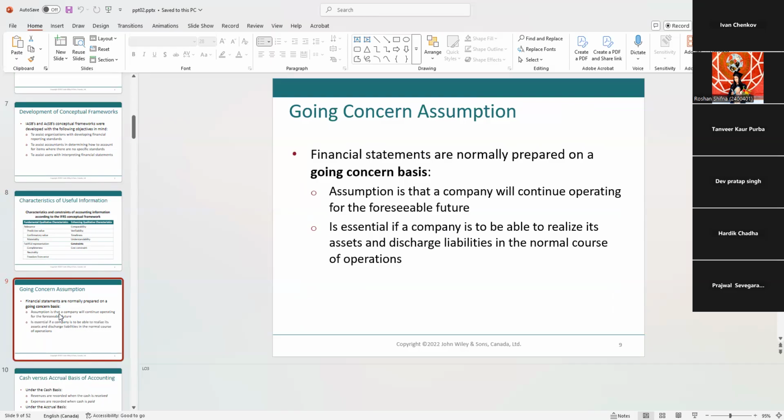On the contrary, we are assuming that the company will continue to operate for the foreseeable future. Why is that? Because it's essential if the company is to be able to realize its assets and pay its liabilities in the normal course of action. So there's no distress of the company. We're not expecting the company to close.